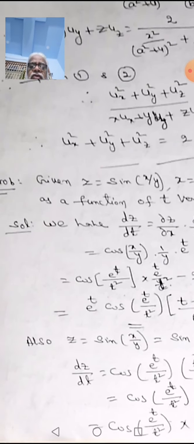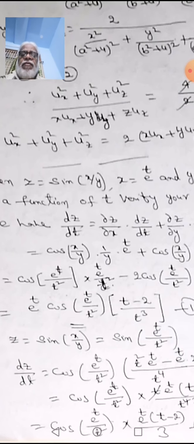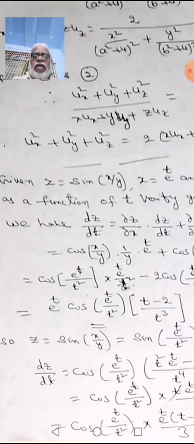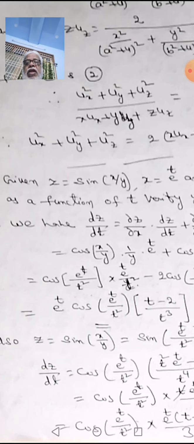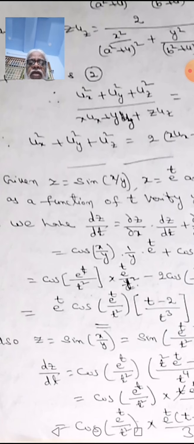You see, z is equal to sin(x/y). Here we substitute the value of x and the value of y. So z is equal to sin(x/y), which means sin(e^t/t²). So what is dz/dt? dz/dt is equal to cos(e^t/t²).